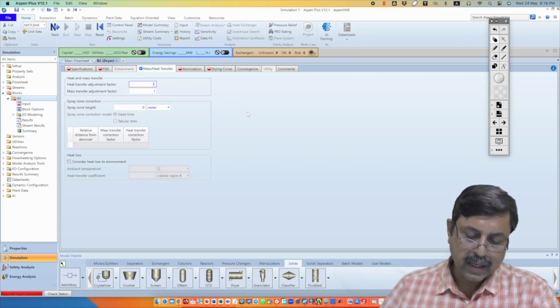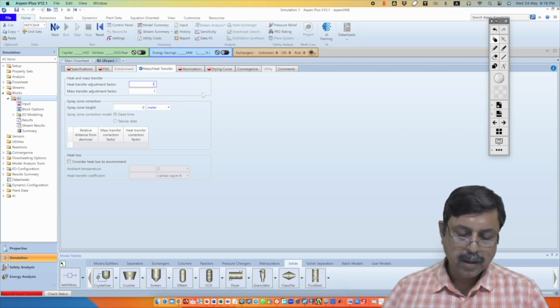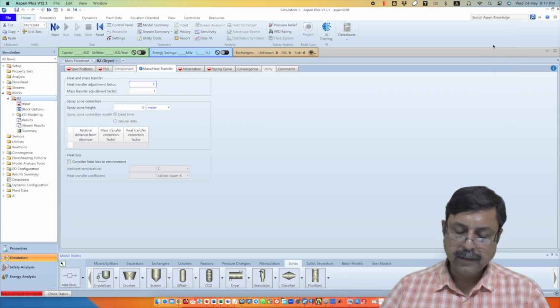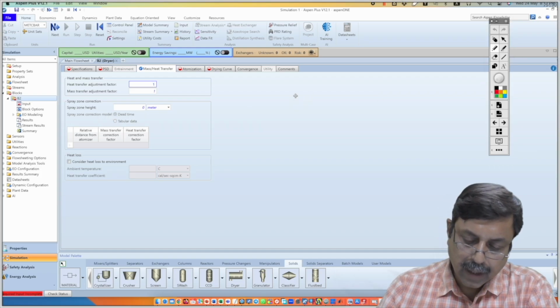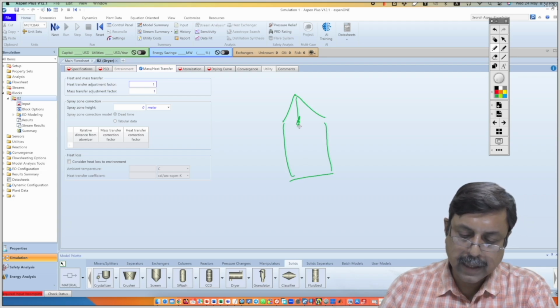Then in mass transfer and heat transfer, there is not much to know. The adjustment factors are by default 1. But if you want, you can specify the spray zone height, because in the spray dryer, the nozzles will be there.